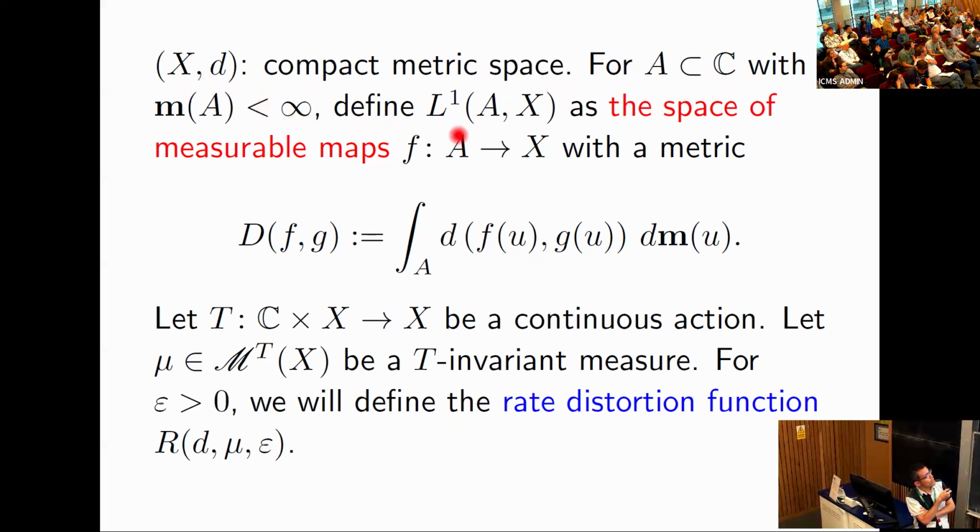And we define the space L1(A, X) as the space of all measurable maps from A to X with this natural metric. And suppose we are given a continuous action T of C on X. Let mu be some T-invariant measure. For a positive number epsilon, we want to define the rate distortion function denoted by RD(mu, epsilon).